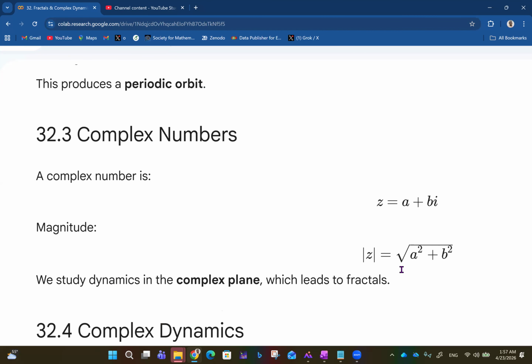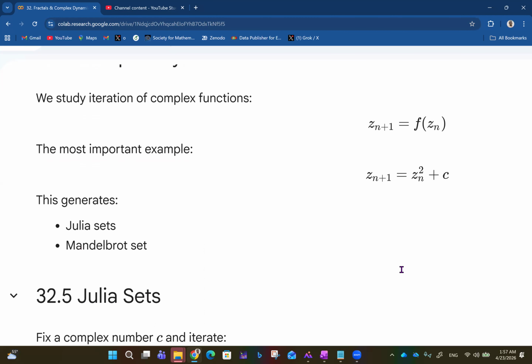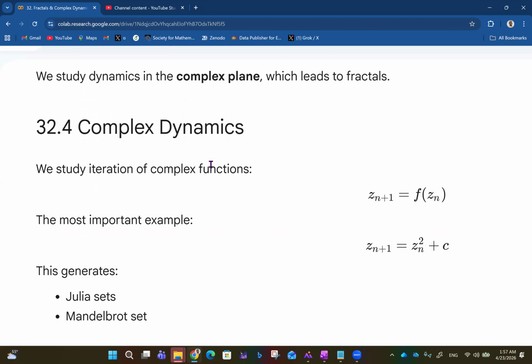Okay, so we've talked about complex numbers. Now, what about complex dynamics? We study iteration of complex functions like z sub n plus 1 equals f of z sub n. The most important example will be z sub n plus 1 equals z sub n squared plus c. This c has a lot to determine. This generates two kinds of sets. It can generate Julia sets or the Mandelbrot set.